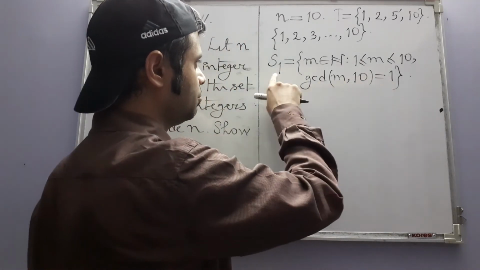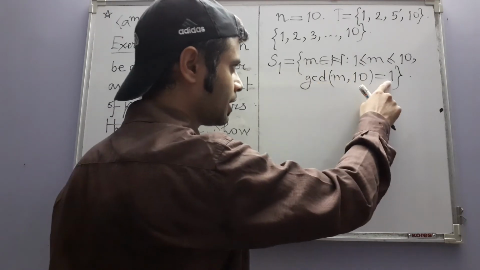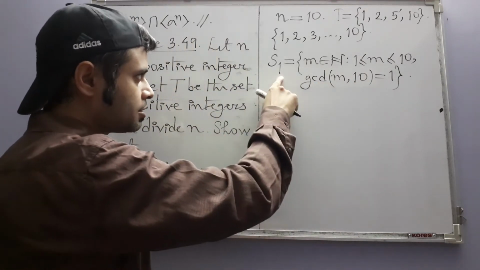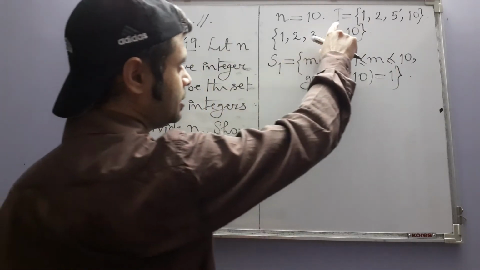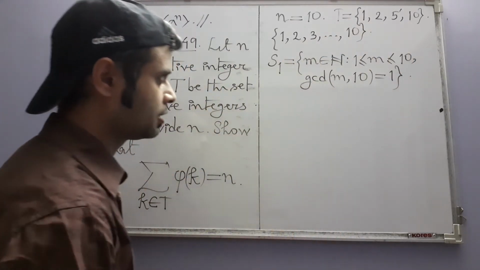If you have something else here, that would come here, and this suffix of course is this one. So for each element in T we are going to have one such set.